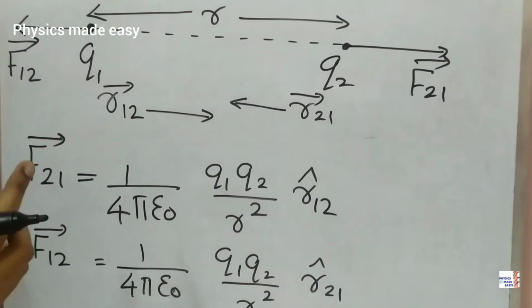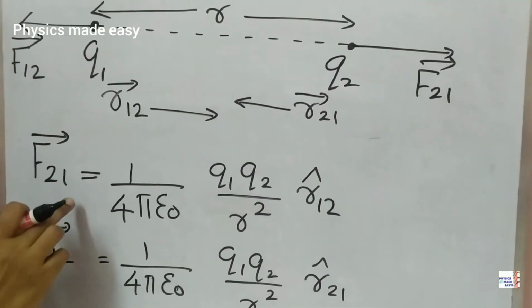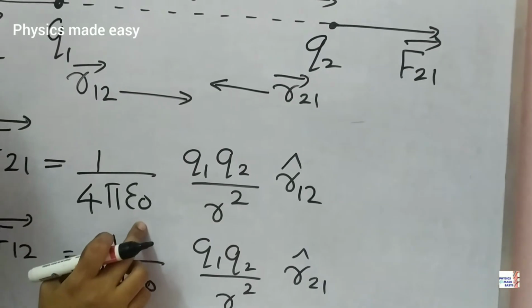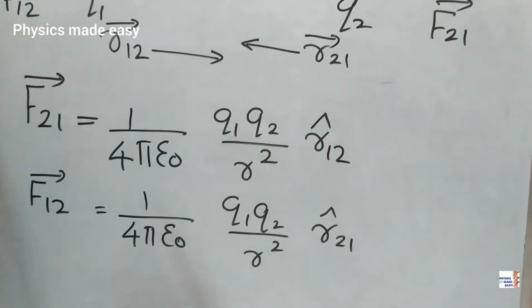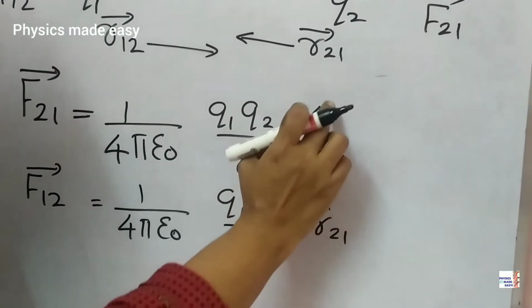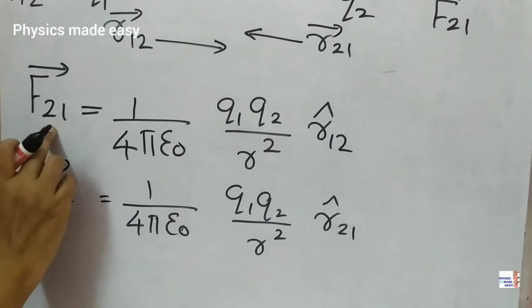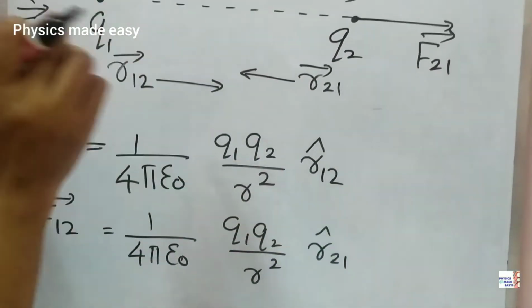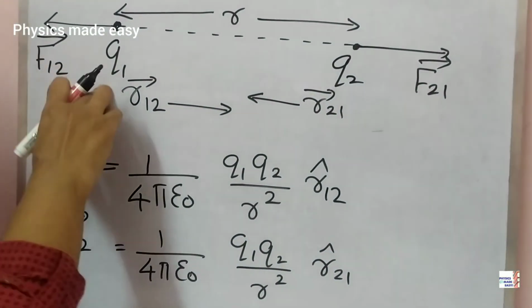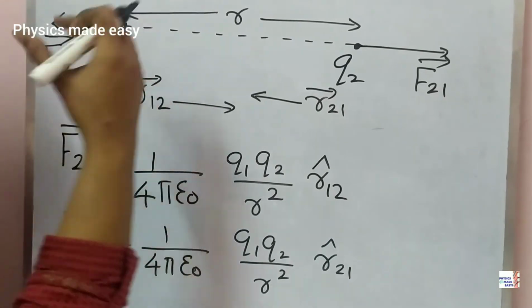Force on charge Q2 due to this first charge Q1. How can we write this expression? That is F21 is equal to 1 by 4 pi epsilon 0 Q1 Q2 divided by R square, times the unit vector. Here we can write R12 unit vector. Here you can see R12. Why? This R12 means the unit vector from Q1 to Q2.